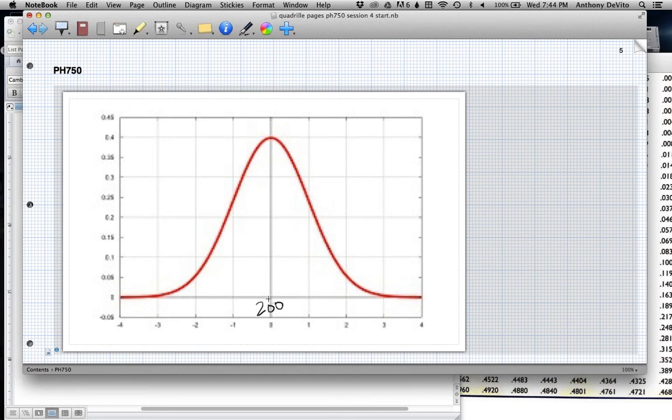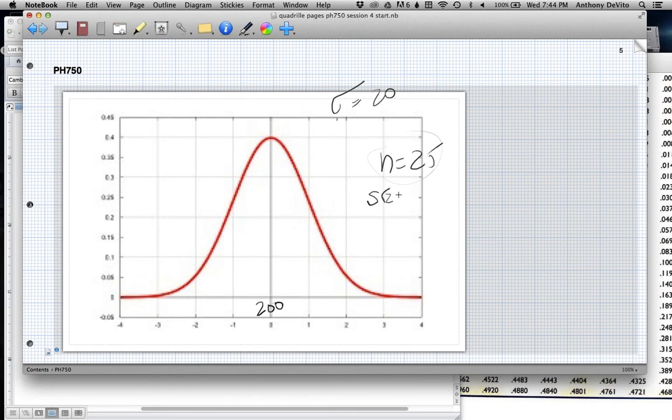But now the thing that's going to change is the standard deviation. The population standard deviation was 20. Now, since we're looking at samples of size 25, the results that we base our new distribution on are going to be much narrower. The standard deviation for these repeated samples we're going to call the standard error.